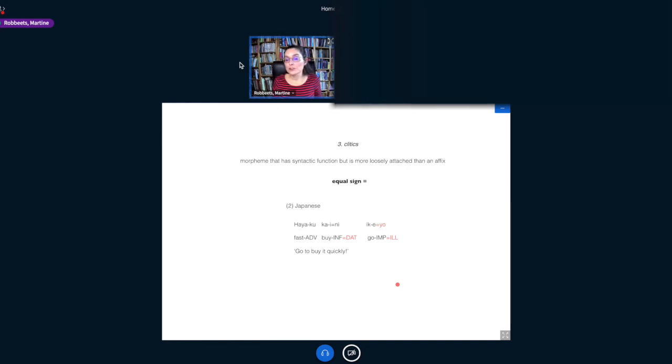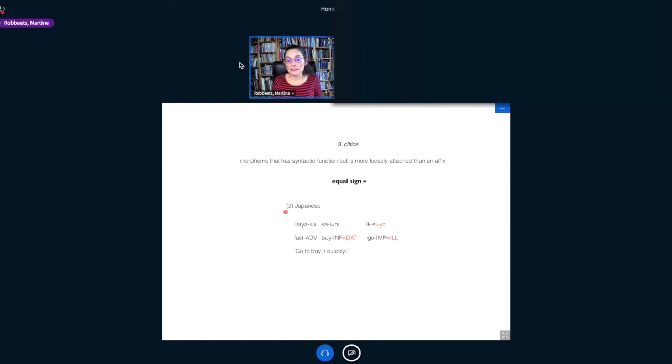And then the third category is the clitics. Clitics are little words that have a syntactic function, but they are more loosely attached than an affix. And because they are more loosely attached, we do not use a hyphen, but we use an equal sign, in contrast to the case of affixes.